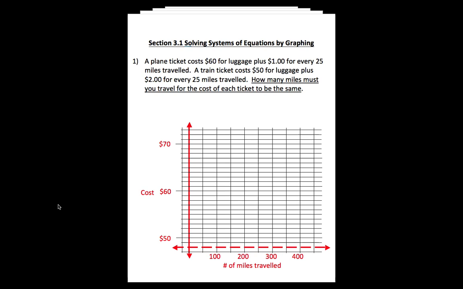We could write a system of equations that represents the cost of each ticket and graph that system to visually be able to determine what is the most cost-effective means of travel based upon how many miles we want to actually travel, and at what point will the cost of each mode of transportation be the same? Or essentially, at what point does it not matter cost-wise which mode of transportation you choose to take? And we'll come back to this example a little bit later.